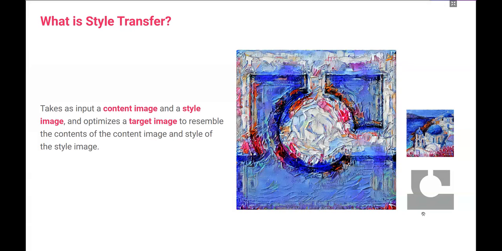Now, content in simple terms could be understood as the geometry onto which this style is to be mapped, and we get output like this.